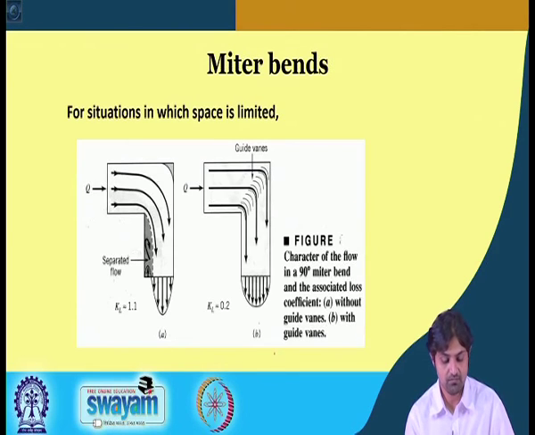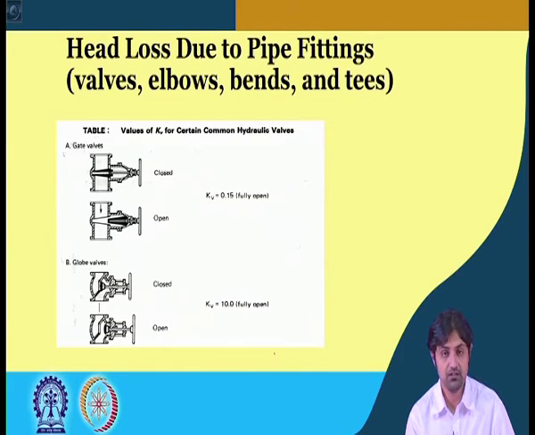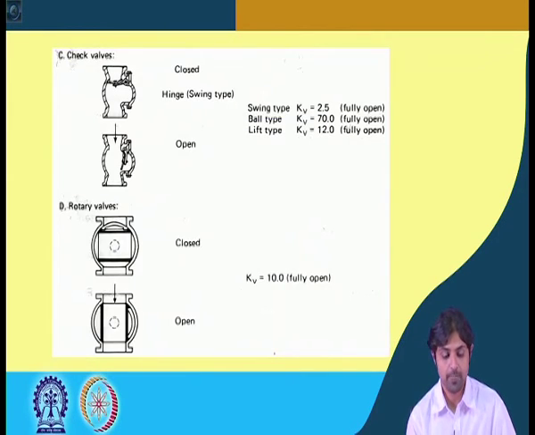Miter bends, so there are head losses due to the pipe fittings, you see, different types, you will be provided with these values. Okay, everything will be K, all the minor losses of the form K into V square by 2g. Okay, so if there is a closed valve, there is open valve, see there are losses of the order of 10.0 if the valve is fully open, rotary valve.